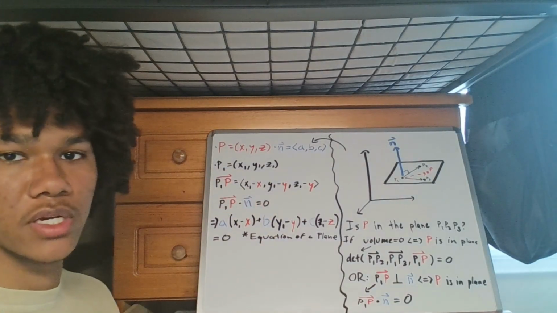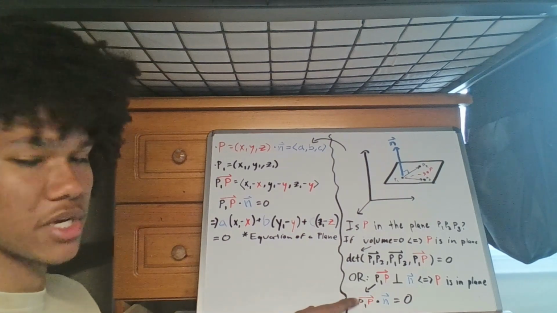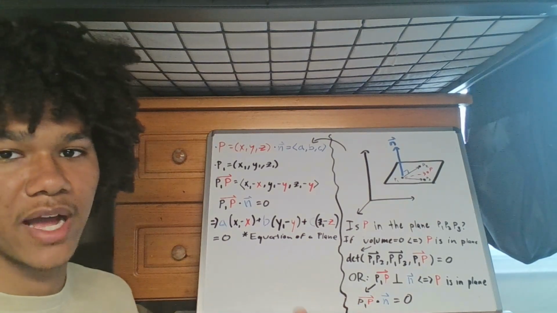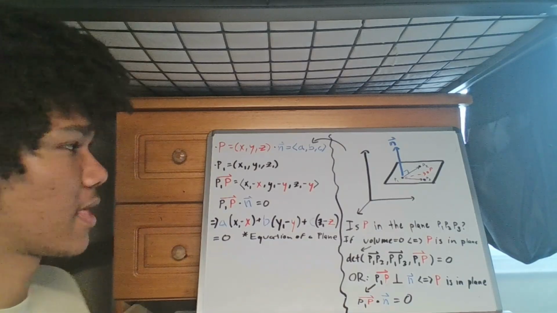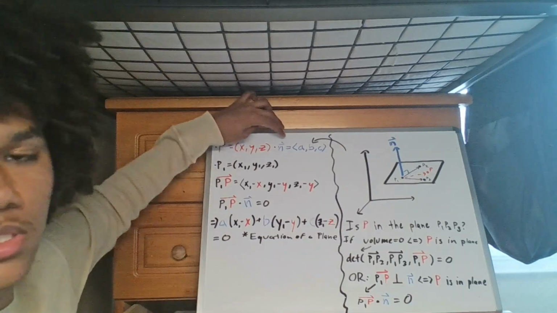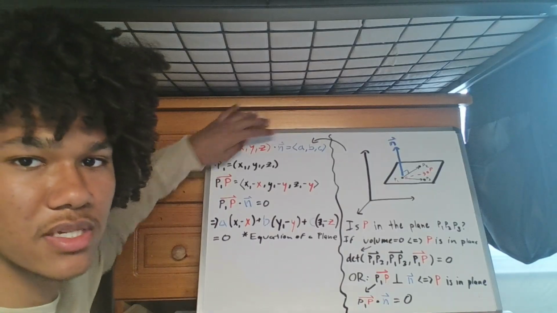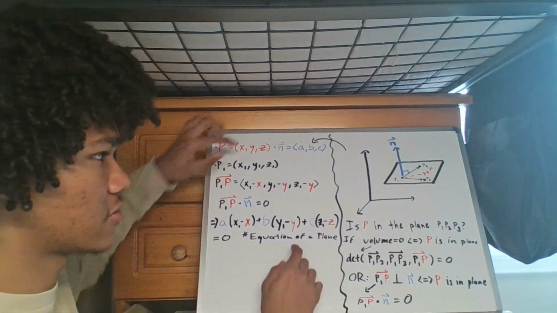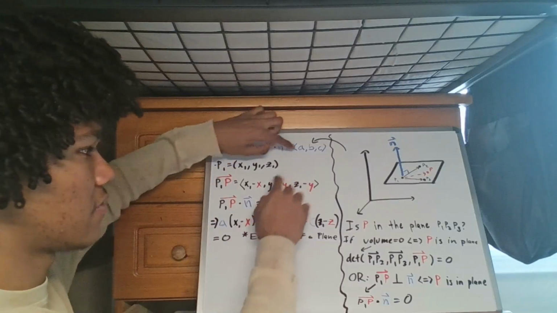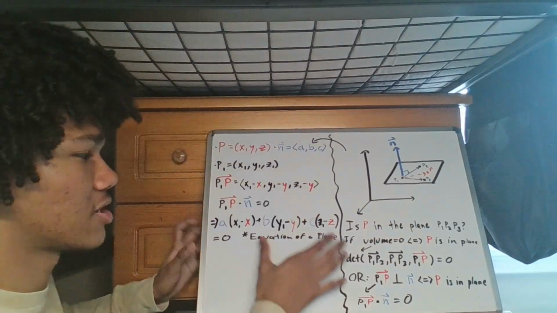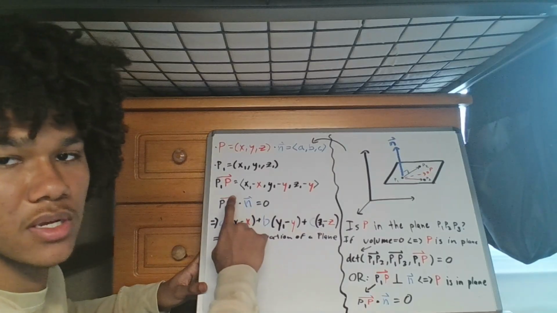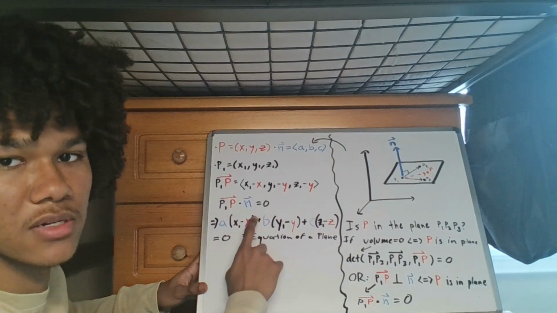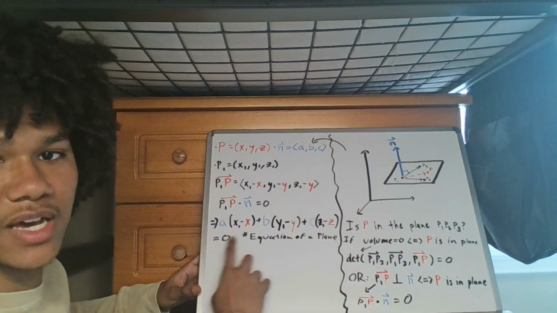So now we're going to take our dot product equation here, and now that we have actual values, we can expand the dot product into the component form. Because our components for n are a, b, and c, we can just multiply the respective components of each vector. All this is the component form of a dot product between this vector and the normal vector. And now we've arrived at an equation.